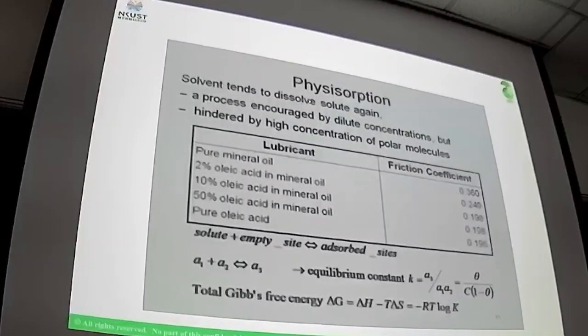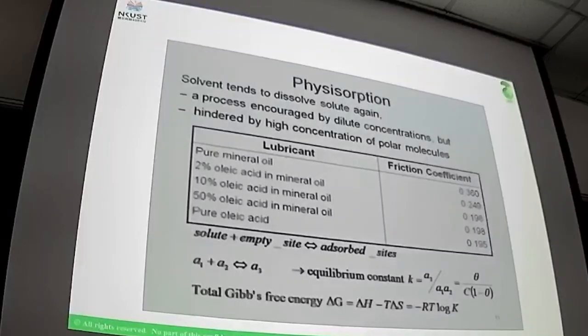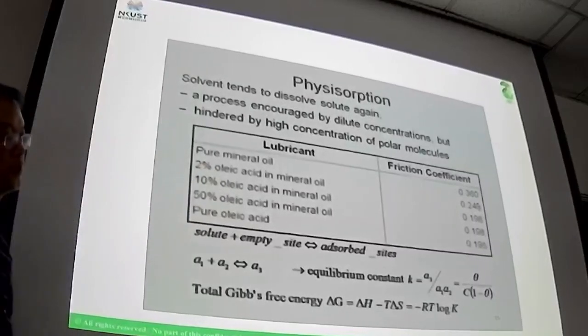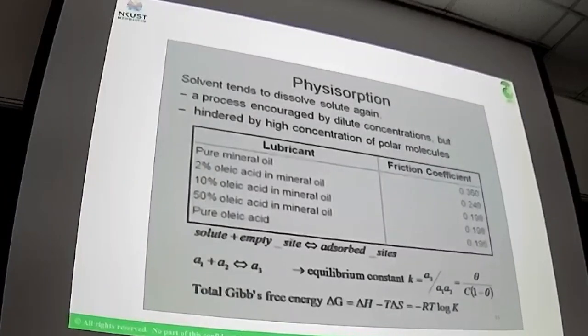So the solvent tends to dissolve the solute again. If you add more solution, it will dissolve again, so it is a process encouraged by dilute concentration but hindered by high concentration of polar molecules. So we can actually dilute the concentration. So here we have different lubricants with different percentages of oiliness additives.